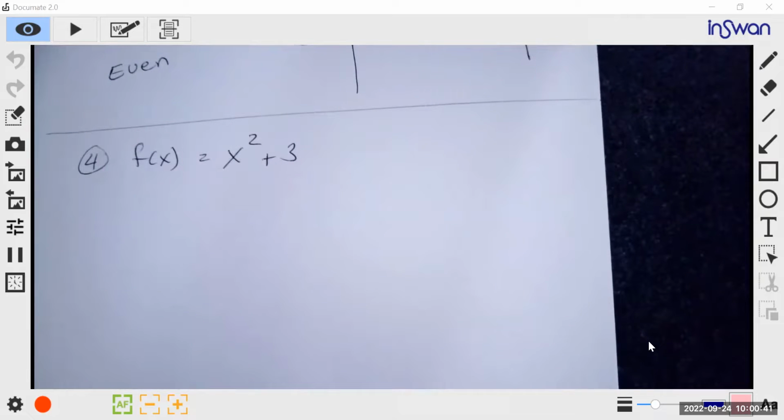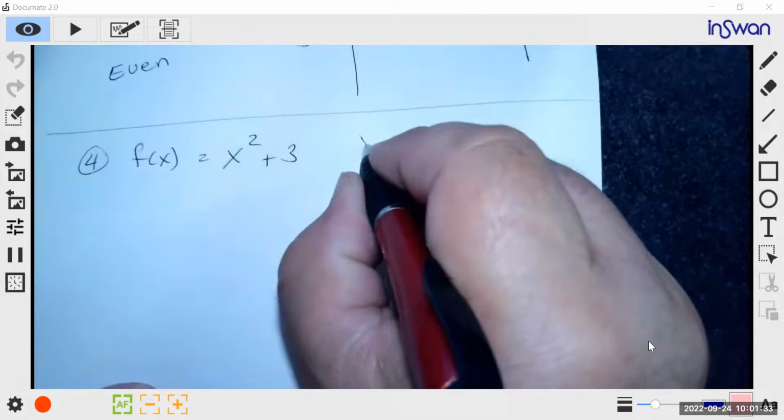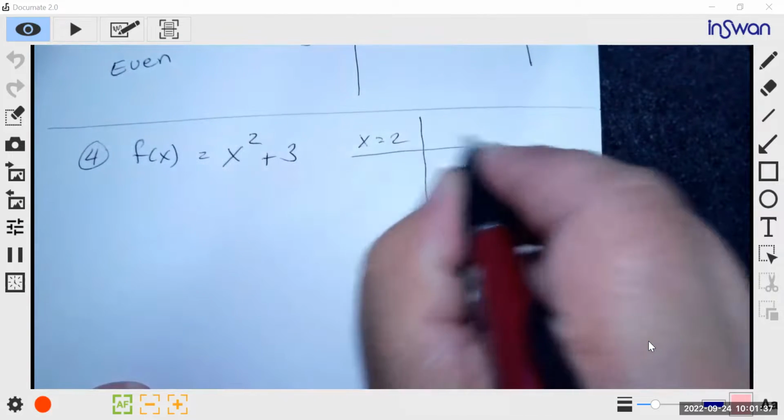How about that one? Right, so we do the same test. x equals 2. x equals -2.